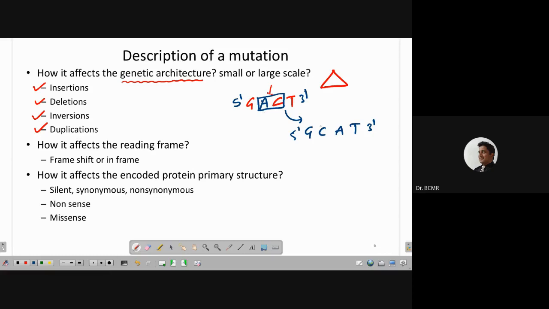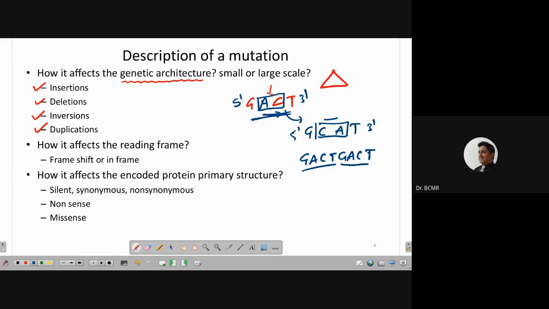These 2 bases were reading AC, but now they have changed to CA, so they are inverted. Duplication is something like GACT, and then the same sequence is duplicated again like this. This is the first sequence that we had here, and that got duplicated again. That is duplication.